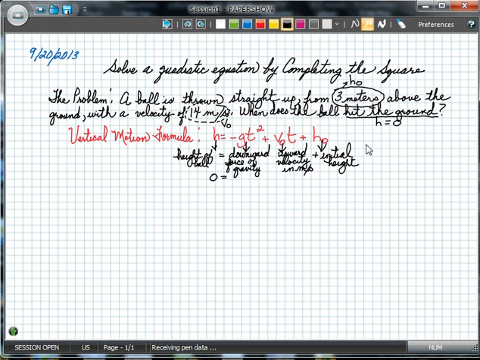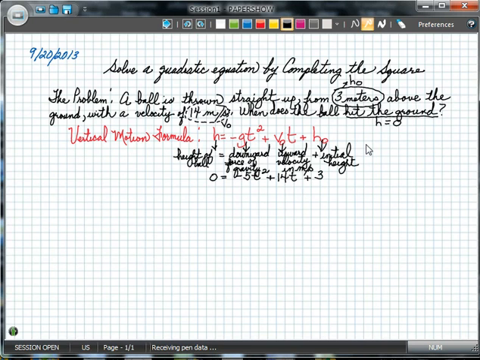The force of gravity on the ball moving it downward is a negative 5. So that's the g, plus 14 is the velocity times t, plus h sub 0, which is 3.